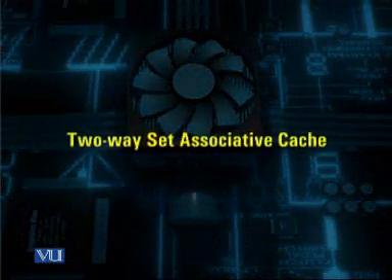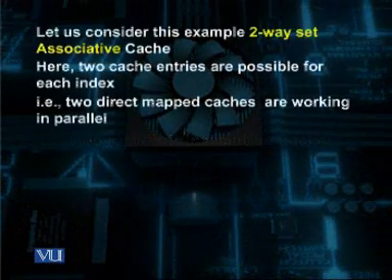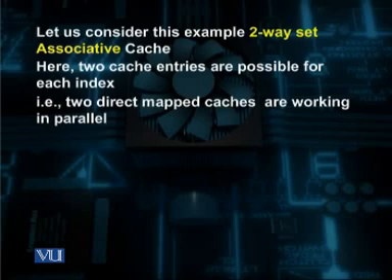For example, if we have got two-way set associative cache, then two values at the same index can be placed into this cache. Let us consider this example of two-way set associative cache.